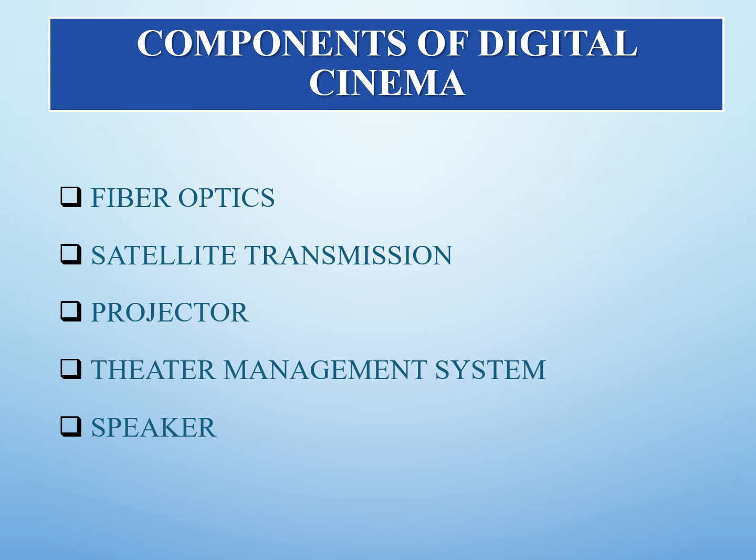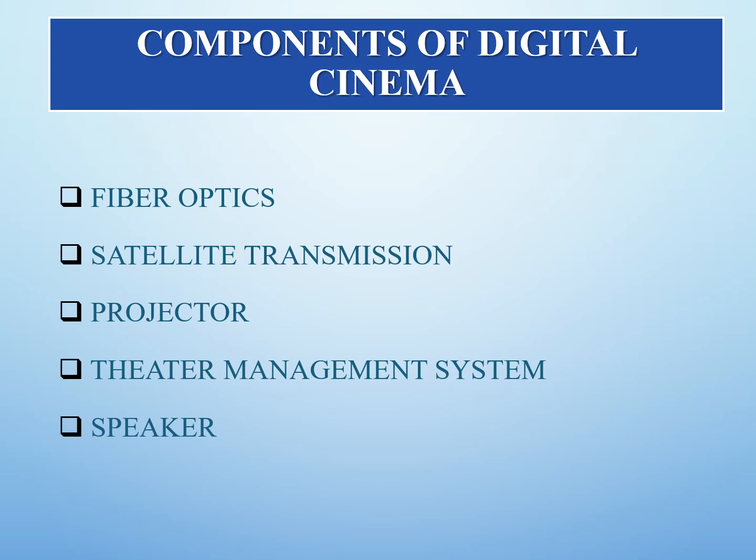Sony SXRD projectors have only ever been manufactured in 4K form, and until the launch of the 4K DLP chip by TI, the SXRD projector functioned as a sub 2K projector. The same for HFR 3D content. Now next let's see theater management system.